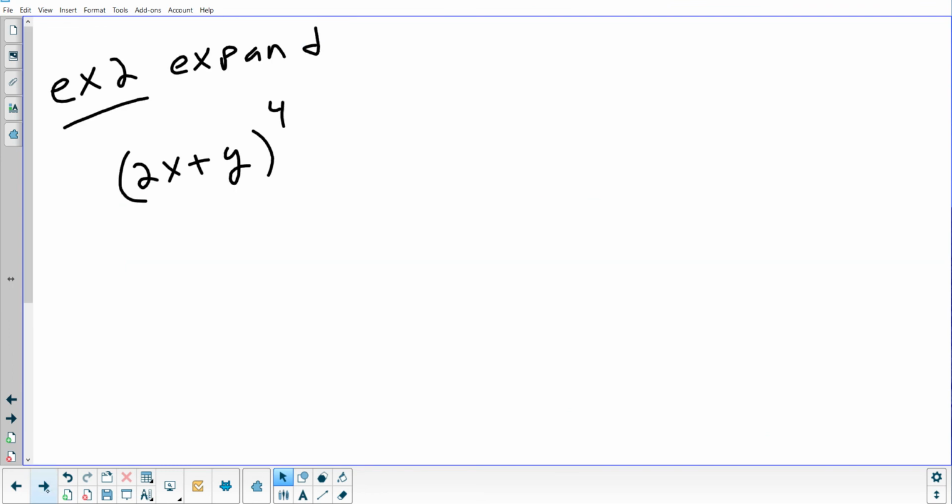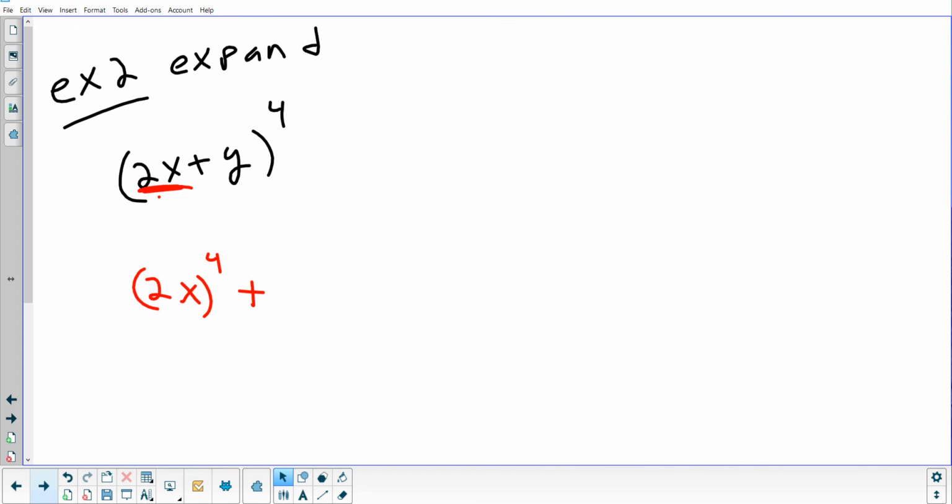Even if it's something a little more complicated. You put whatever you have here, 2x, to your highest power. So what's our highest power going to be in this case? 4. And what's going to be the power on y in the first term? 0, so we don't write it.